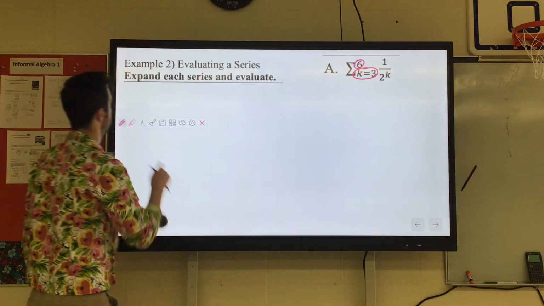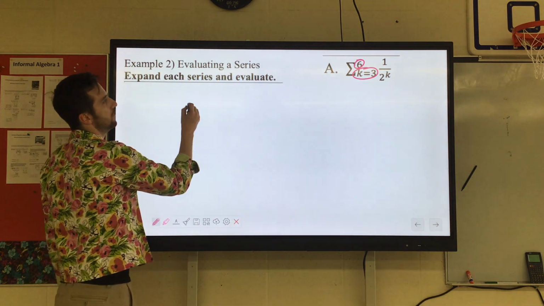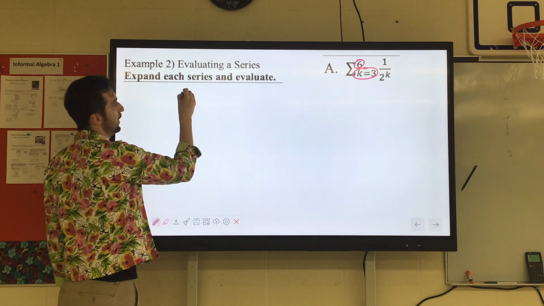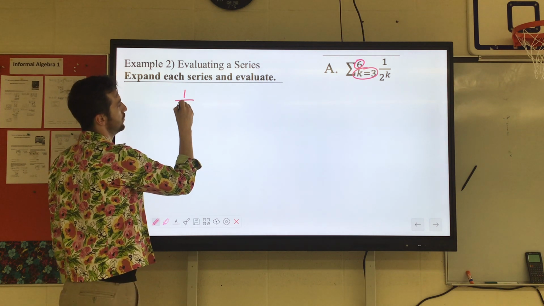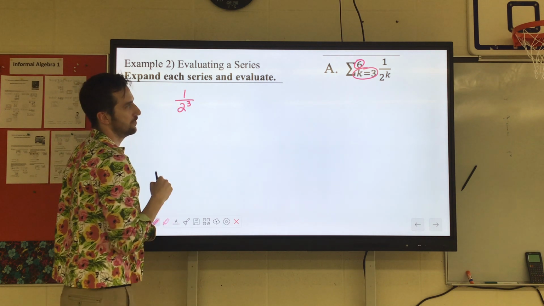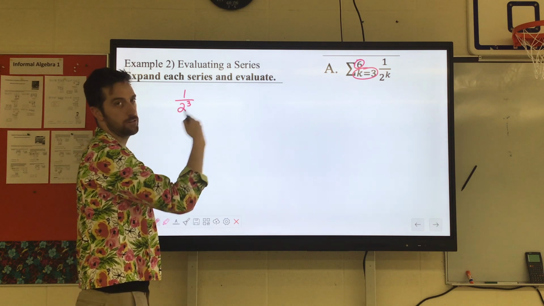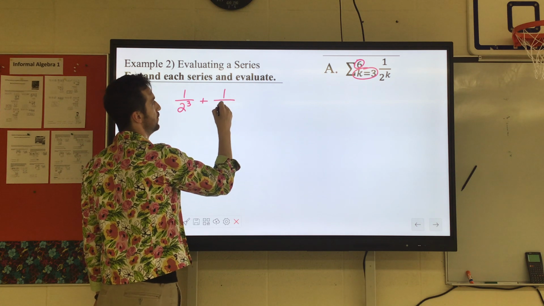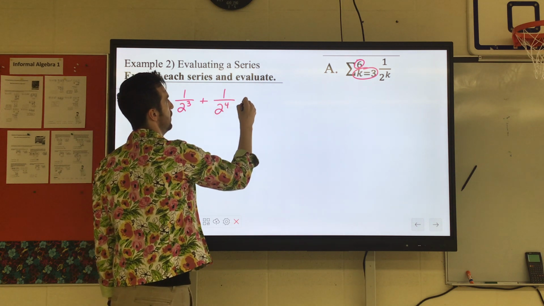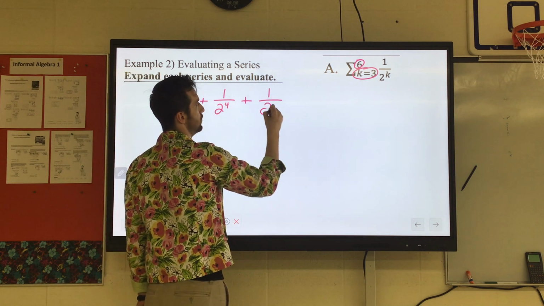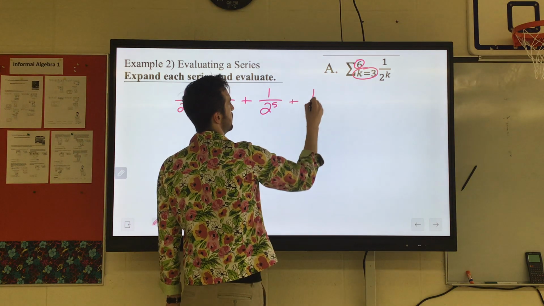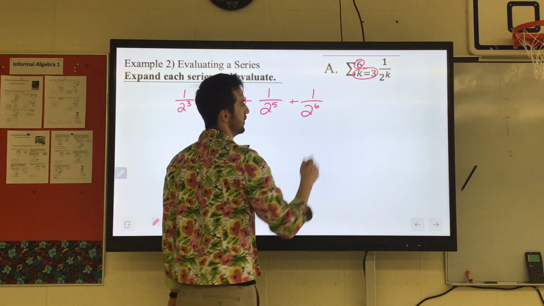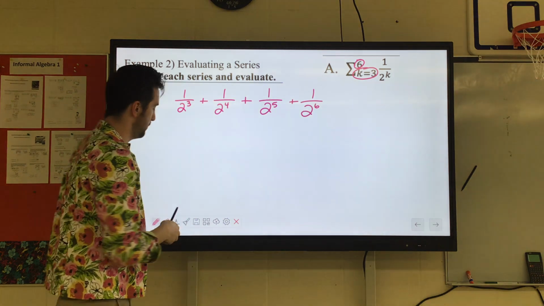So when we're doing our third term, that would be 1 over 2 to the third. And we're going from the third term to the sixth term. So the fourth term would be 1 over 2 to the fourth. Fifth term, 1 over 2 to the fifth. Sixth term, 1 over 2 to the sixth. And we are going to add these all together.